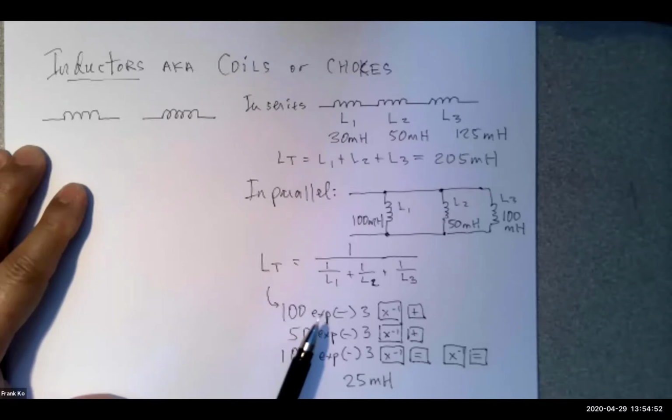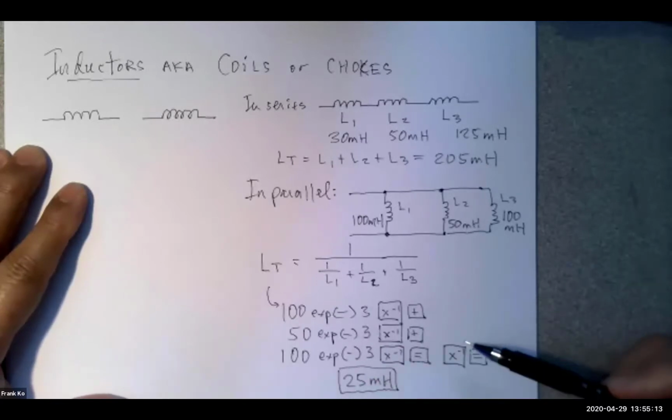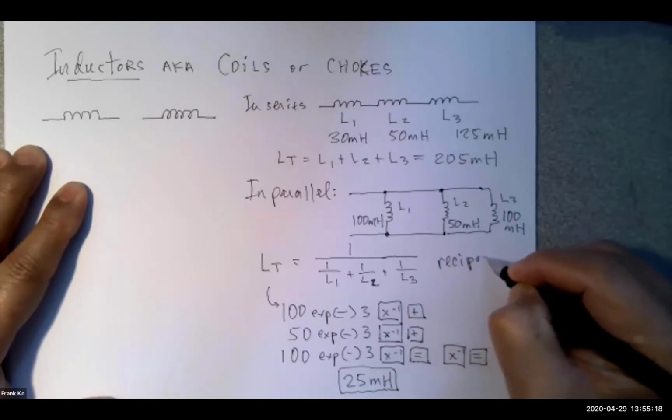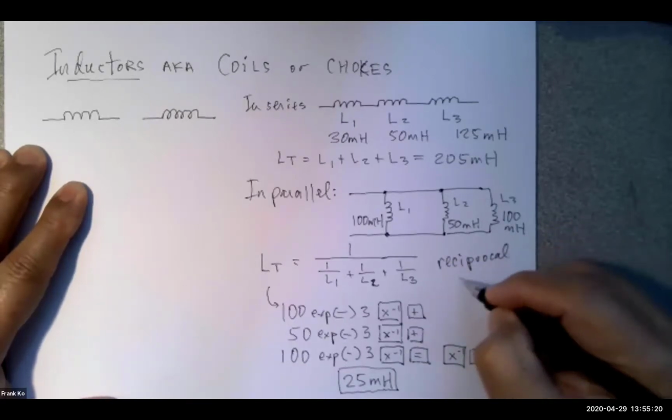It has to be 100 exponent negative 3, then reciprocal, then add the next, 50 exponent negative 3 reciprocal plus 100 exponent negative 3 reciprocal equals, reciprocal one more time, equals, and you will end up with 25 millihenries, which would be correct. Now, because these are in parallel, we can always rely on the reciprocal formula.